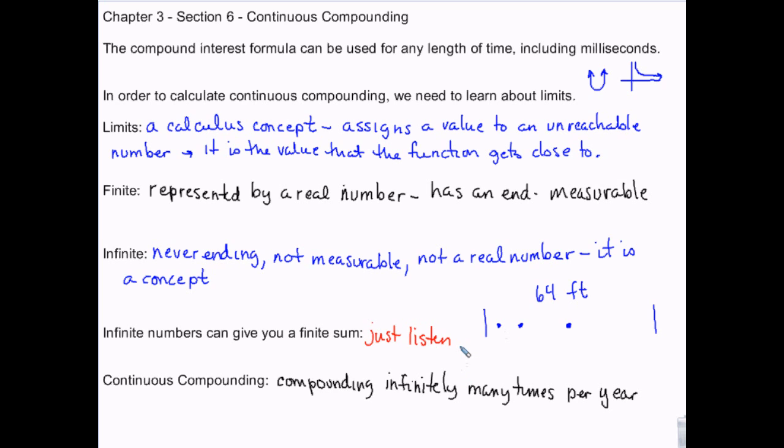And I could cut that in half and I'd have 4, and then 2, and then 1, then half a foot, a quarter of a foot, 1/8 of a foot, 1/16 of a foot. And I could keep cutting it in half forever. I could end up with these fractions that are ridiculously small. Hold on, let me come up with a number real quick.